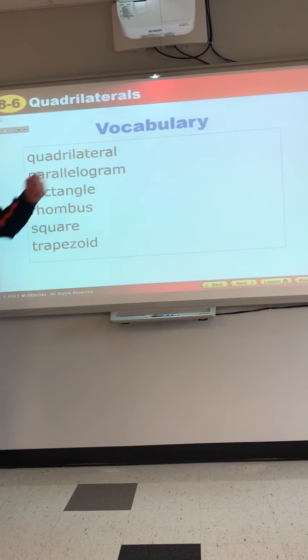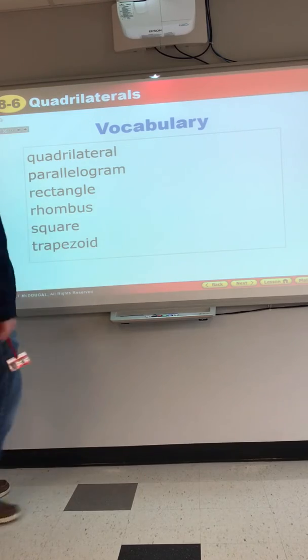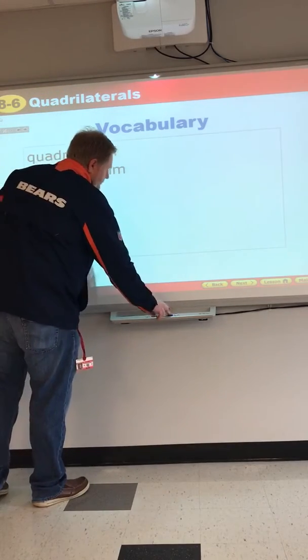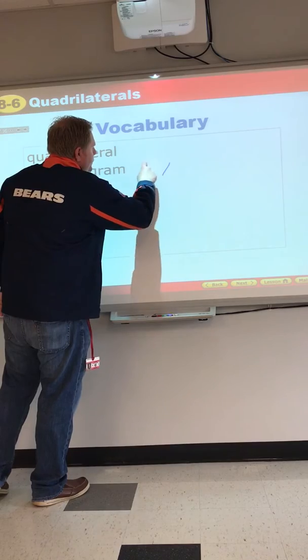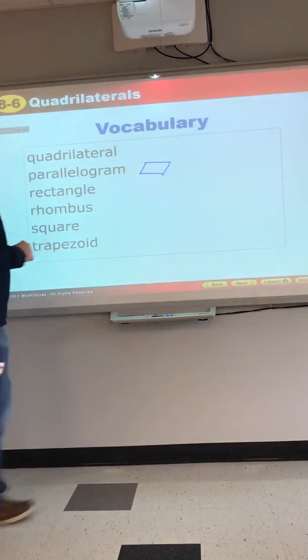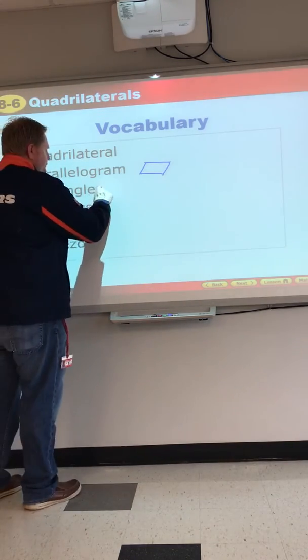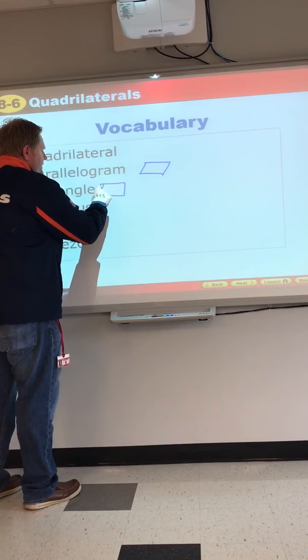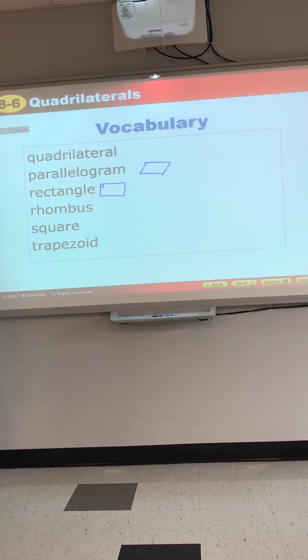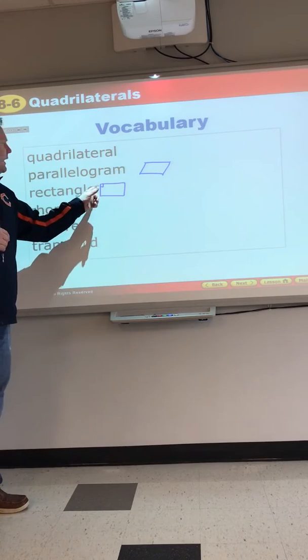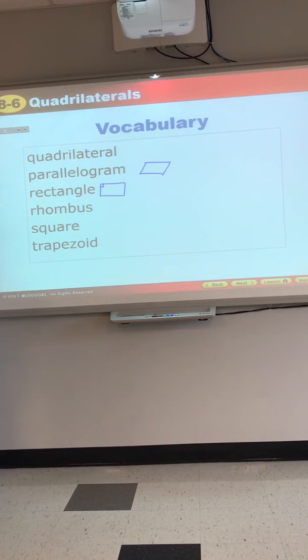Quadrilateral, 4-sided figure. Parallelogram, 4-sided figure with 2 parallel sides. Rectangle, 4-sided figure with 2 parallel sides that are different lengths and 4 90 degrees. Rhombus.